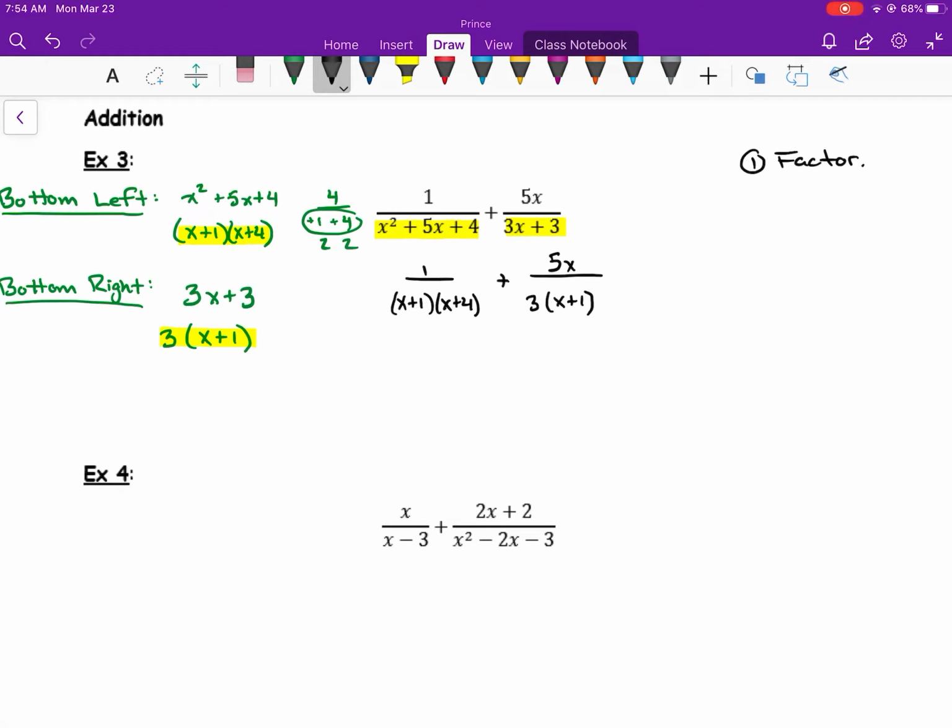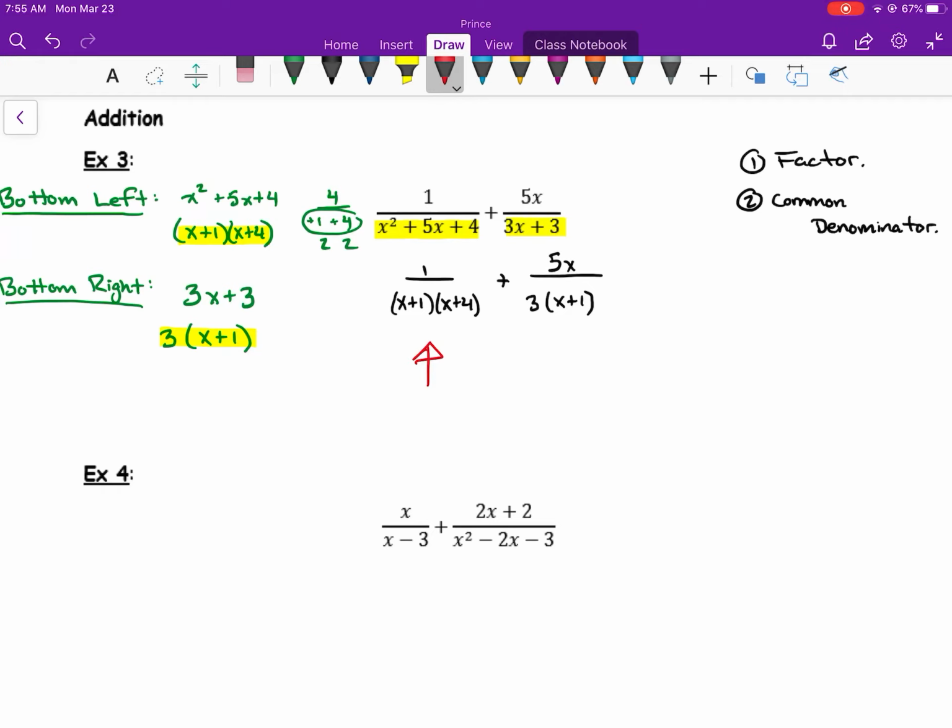Alright, so in order to add fractions, you have to have your common denominator. Okay, so if we look at these two fractions right here and here, we want to make them have the same denominators. So what does this left side have that the right hand side needs?